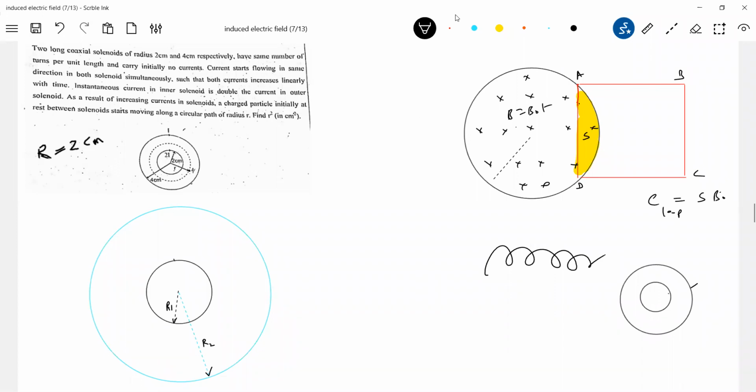And now the current here is 2I. Here the current is I. So there is solenoid 1, solenoid 2. What about the B bar produced by both the solenoids? In what direction is B? It will be into the plane. Into the plane. So everywhere the B bar is into the plane, and we have here a charged particle. It is going to move in a circular path of radius r.